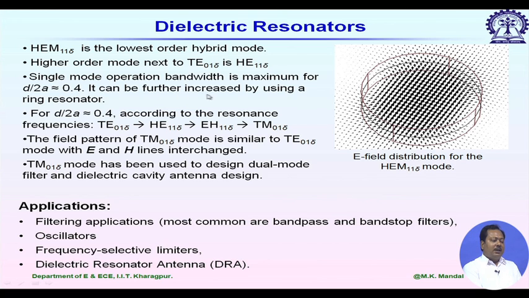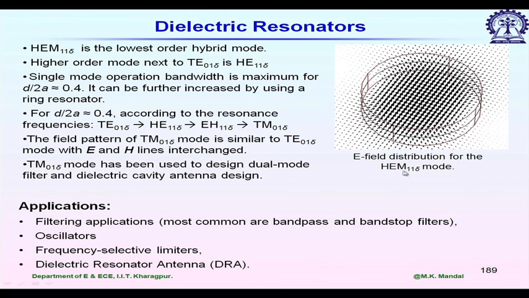It can be further increased by using a ring resonator. So, what is a ring resonator? If we simply drill one air via inside this dielectric resonator, we call it a ring resonator. Now, how does it increase the monomode bandwidth? Let us concentrate on the electric field plot.